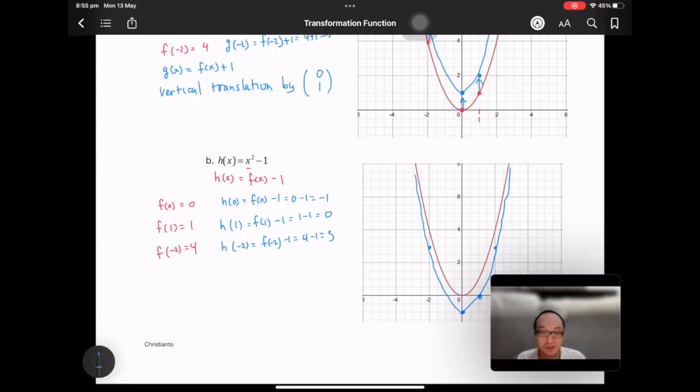You can see that all the coordinates are moved downwards by 1 unit. So h(x) in the form of f(x) minus 1 is a vertical translation by the vector (0, negative 1).